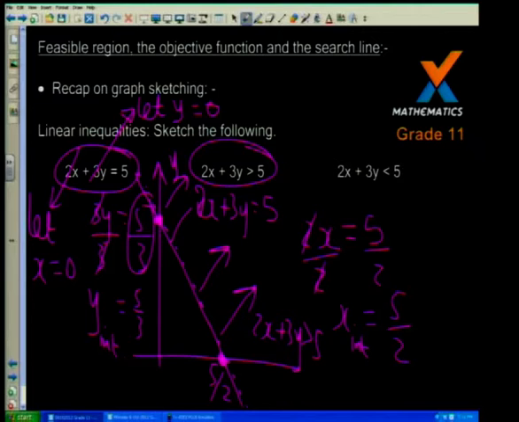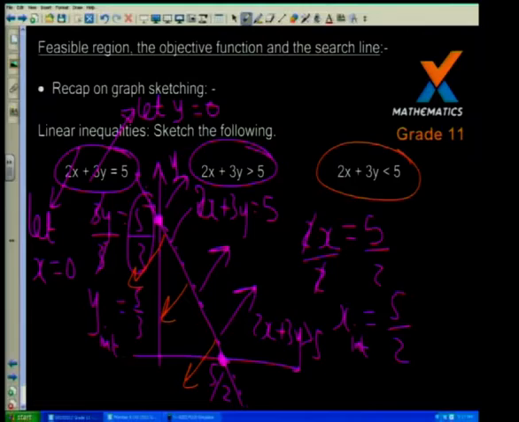Those arrows. Let me use a different pen to show you what it's going to look like when it's less than. So if you are given that 2x plus 3y is less than 5, that straight line which you drew for 2x plus 3y equal to 5, you have to mark, let's say with the arrows, all the values that are falling below the graph.